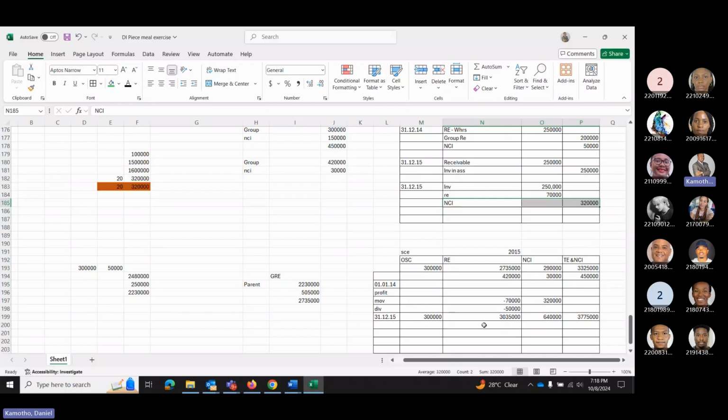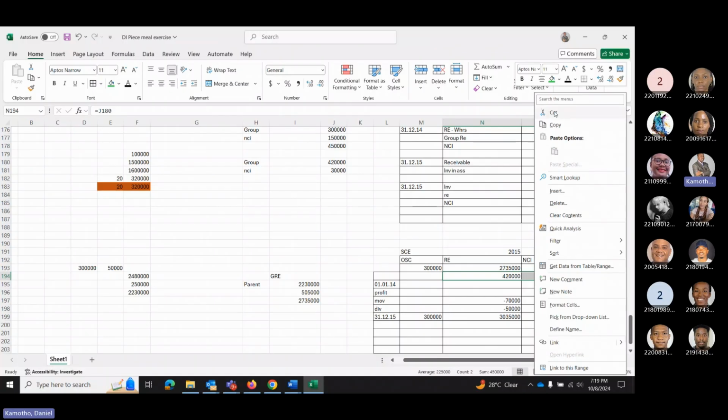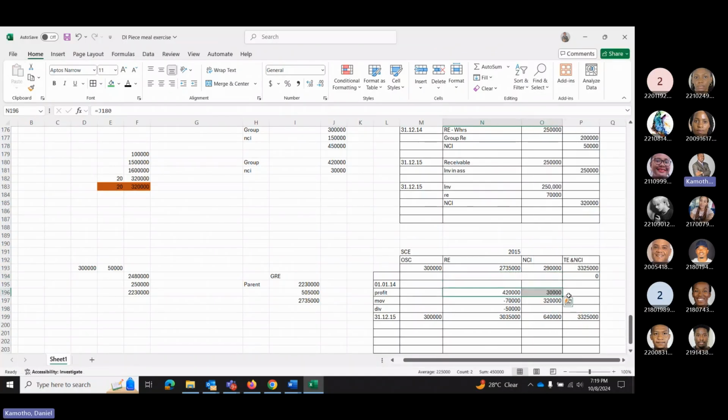I put this movement because we are showing the statement of changes in equity for 2015, and therefore they must be shown as separate items. The profit for the year, which is what we put here, I think I put it in the wrong place. We should have put profit here for the year, and that's what we do. Let me just do the summation. You see the profit is 450.